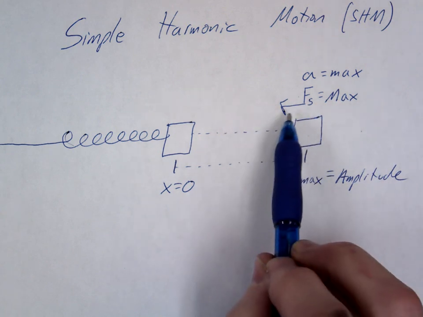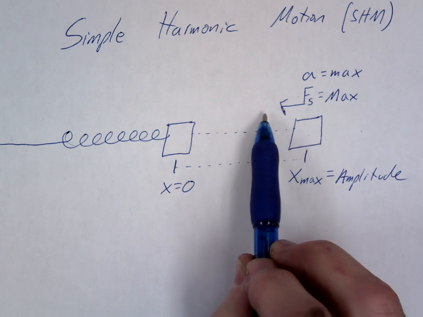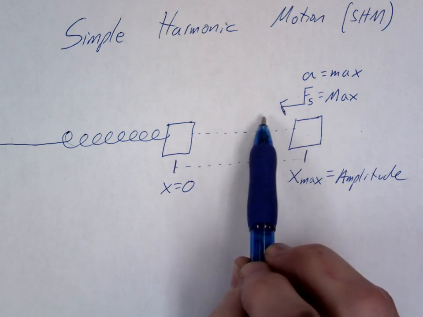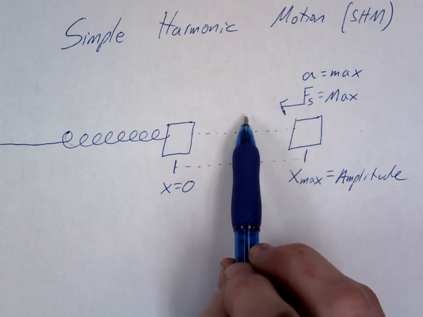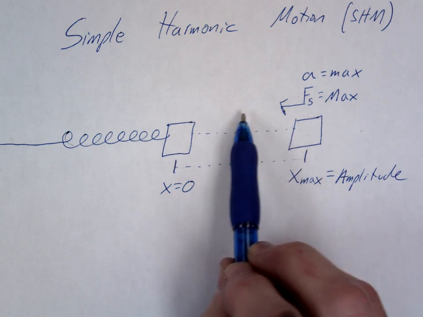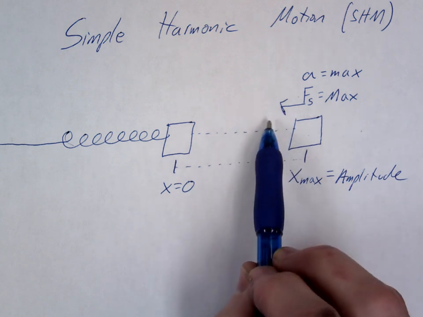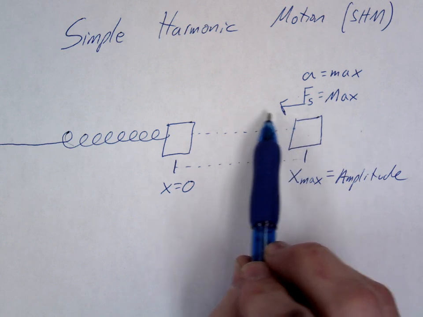Now, as it's moving, what's happening to the force? It's actually decreasing. So the force itself is decreasing as it's moving this way, as is the acceleration. But what's happening to the velocity? It's increasing. So even though acceleration and force are going down, there still is an acceleration, so it's still getting faster.